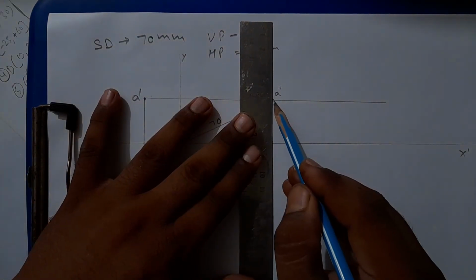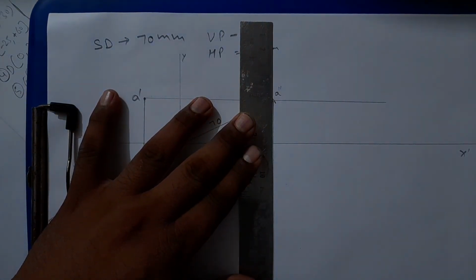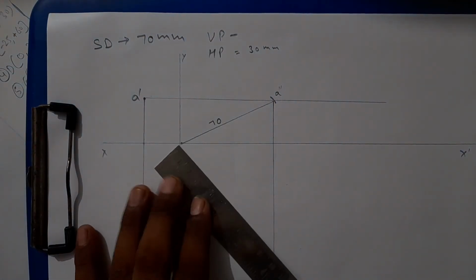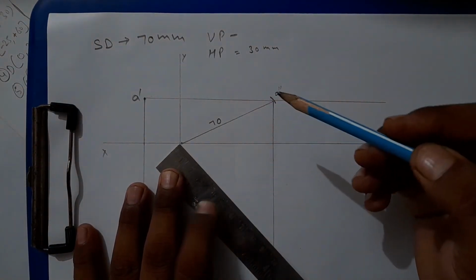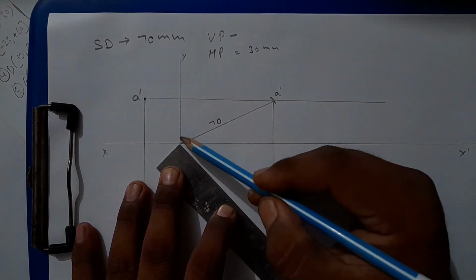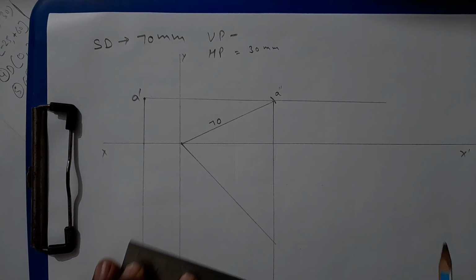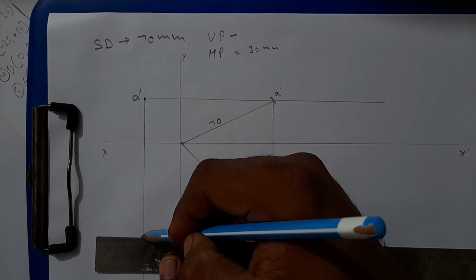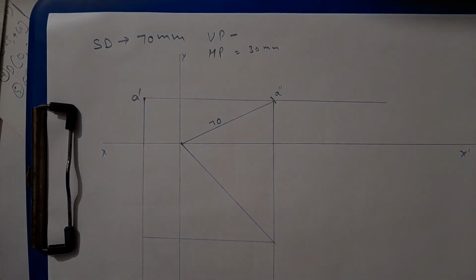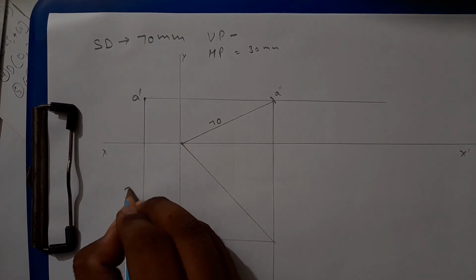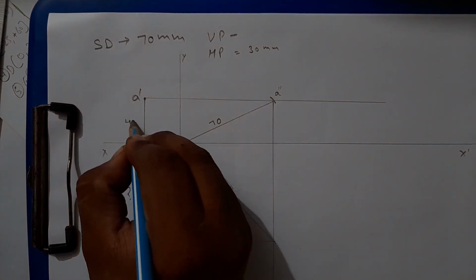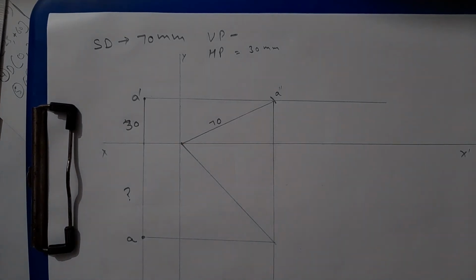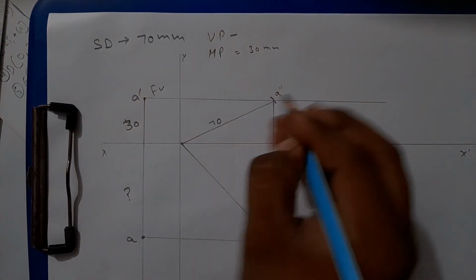Now plot this downward. As we discussed earlier, we need to make a 45-degree angle line. Here we made a 45-degree line, and from here we can plot a horizontal line till the extension of A dash. This intersection is A. This distance we can measure. This distance is given as 30 mm. This is the front view, this is the side view.